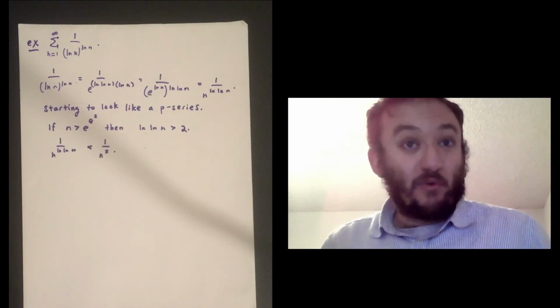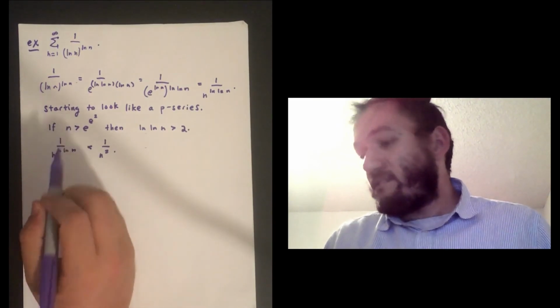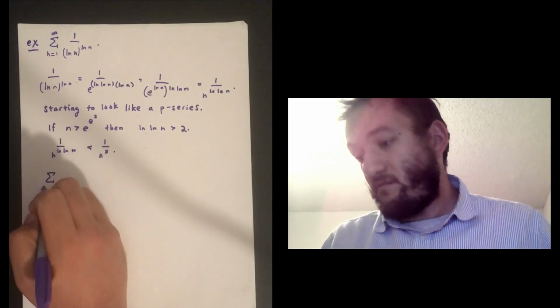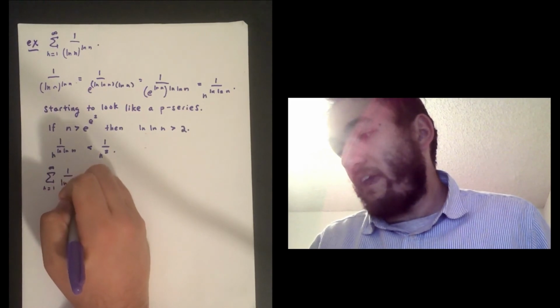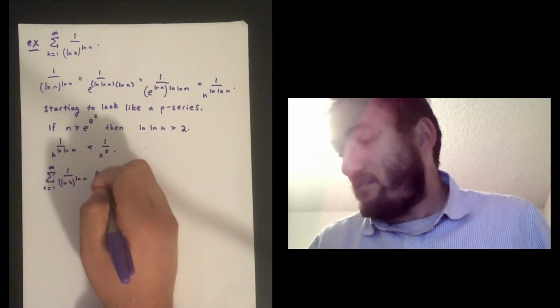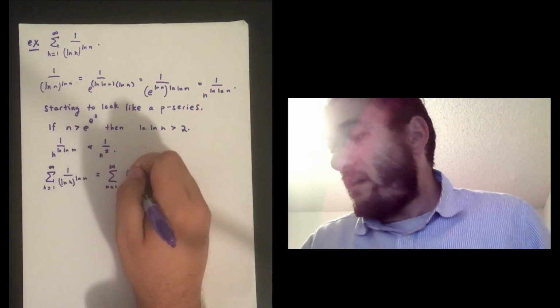Okay, and at this point, we can say, you know what, let's take the sum from n equals 1 to infinity of 1 over log n to the log n.